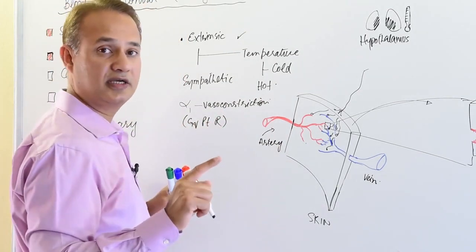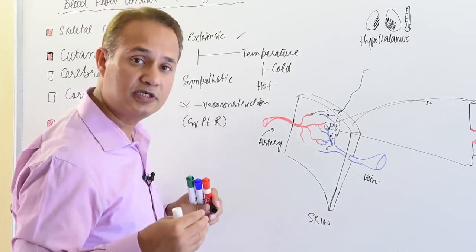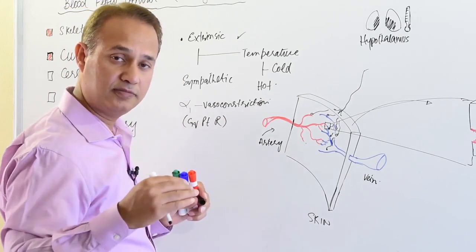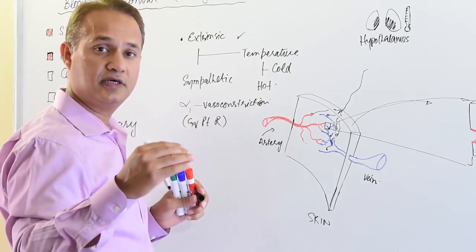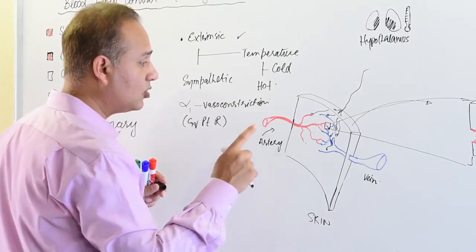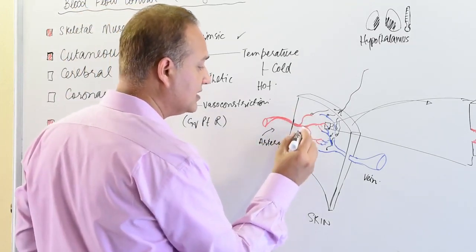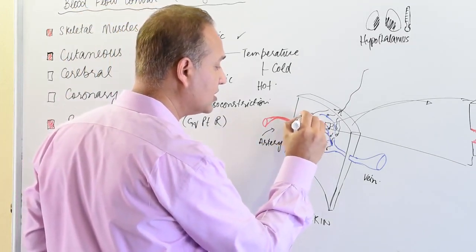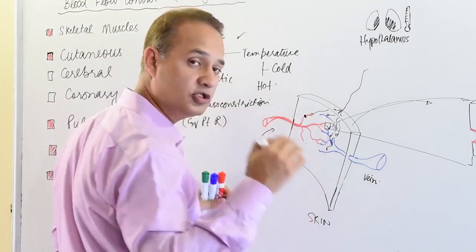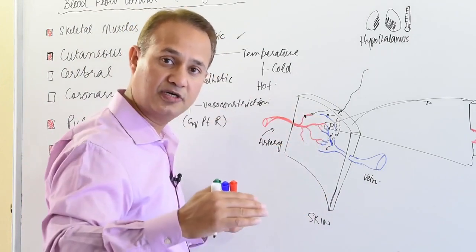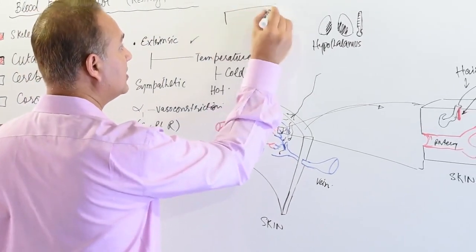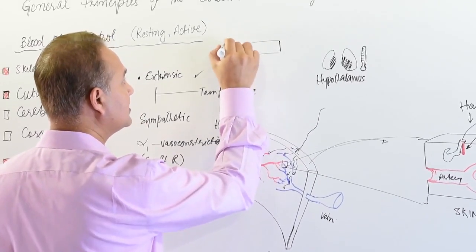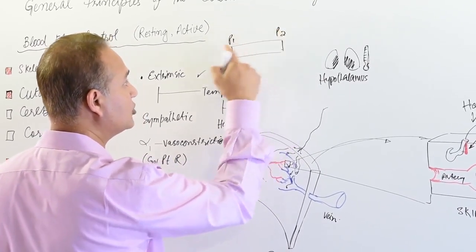Vasoconstriction would reduce the blood volume coming to the skin. In both ways, vasoconstriction here on the arterial side will also reduce blood pressure. Remember that the blood pressure in a vessel is a difference of the pressure between the 2 points.